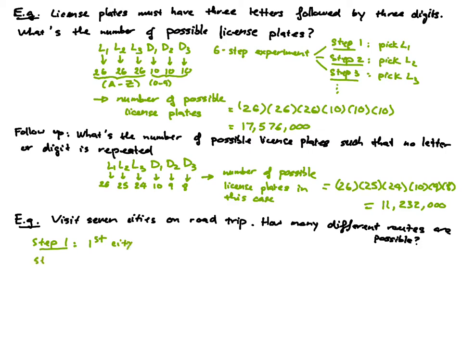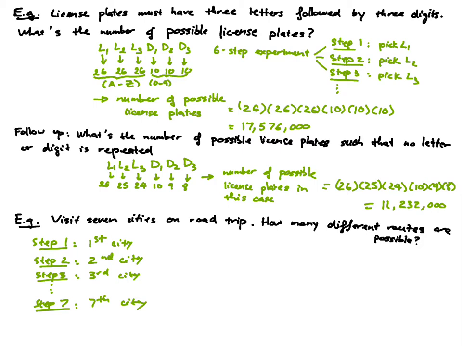In step 2, you want to pick the second city to visit. In step 3, you want to pick the third city, and so on and so forth, all the way to step 7, which is the step where you pick the 7th city.